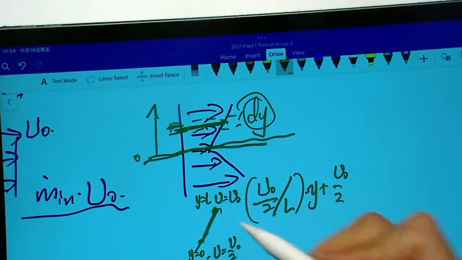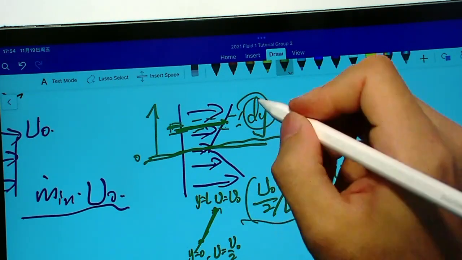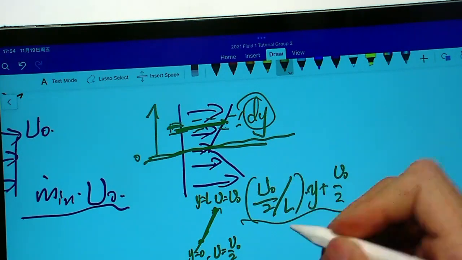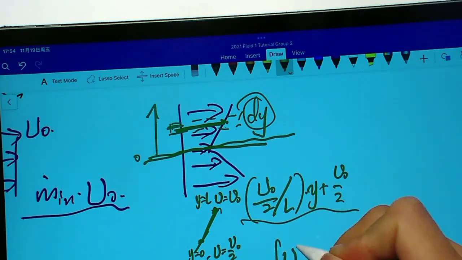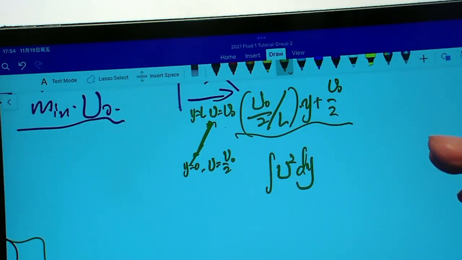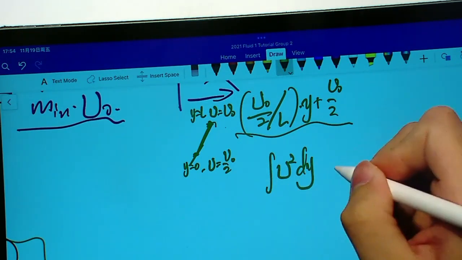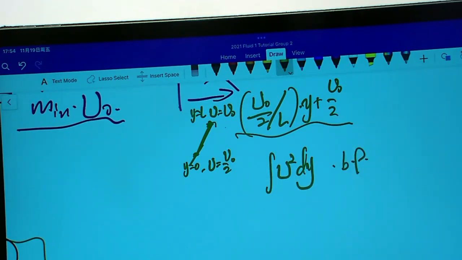So the linear relationship is very easy to get, and this is the velocity. What we do is integrate that velocity along y, then multiply by density and width, and we get the momentum.